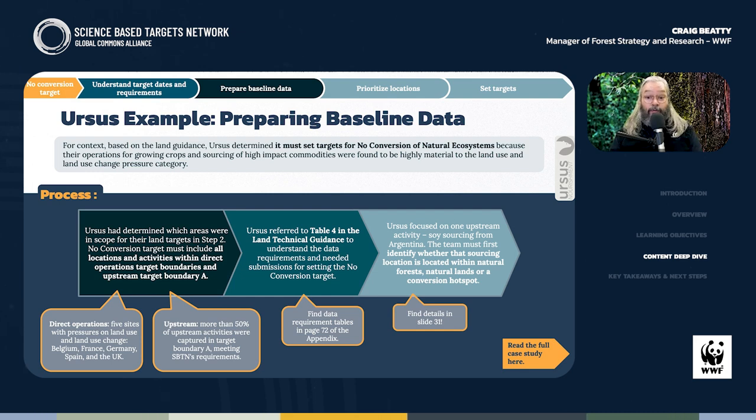Ursus referred to Table 4 in the Land Technical Guidance to understand the data requirements and needed submissions for setting the no conversion target. Ursus focused on one upstream activity, soy from Argentina, and the team must first identify whether that sourcing location is located in a conversion hotspot.